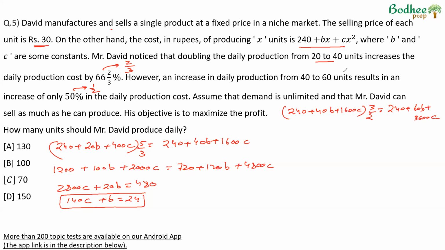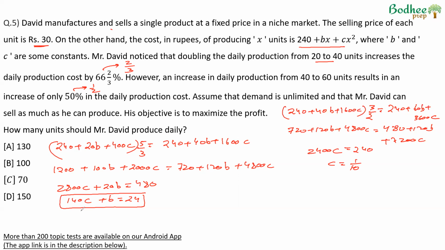Cross multiply: 720 plus 120B plus 4800C is equal to 480 plus 120B plus 7200C. B and B cancel. So 2400C is equal to 240, so C comes to 1 by 10.